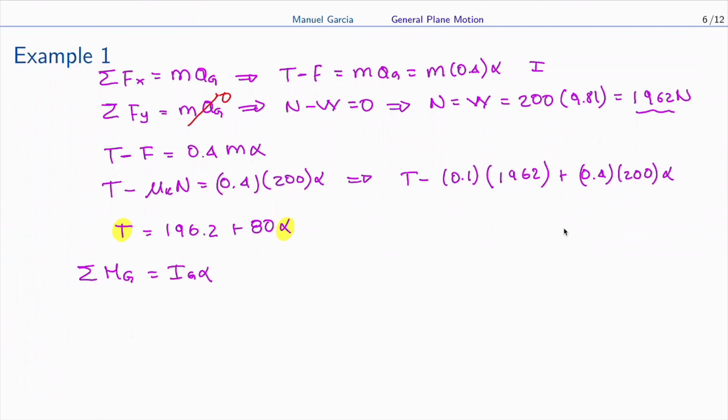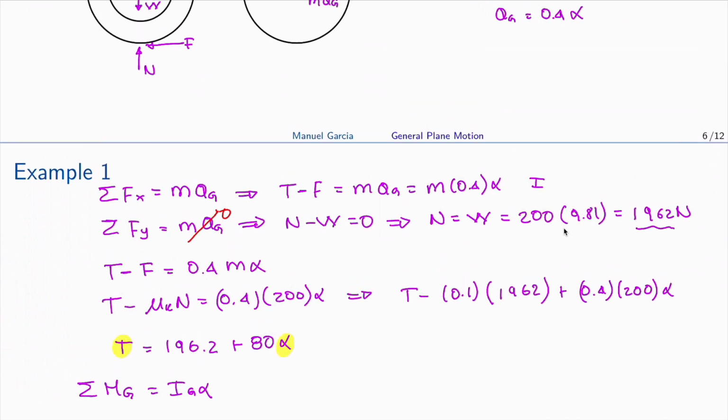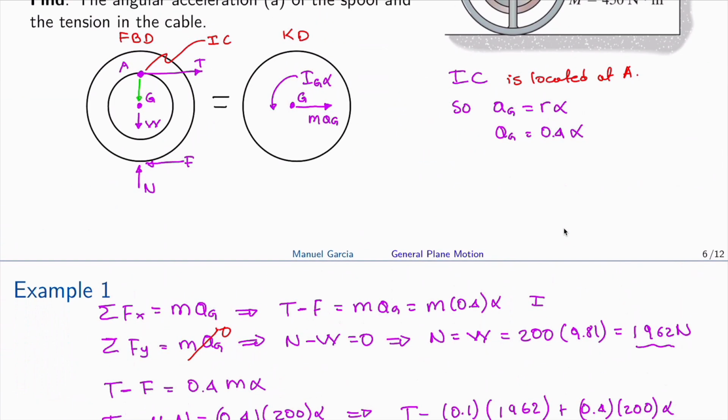For T we have T multiplied by this distance, which is 0.4, and the moment is r cross T. So it's negative, and the moment of F is also negative because it will make this rotate in that direction.